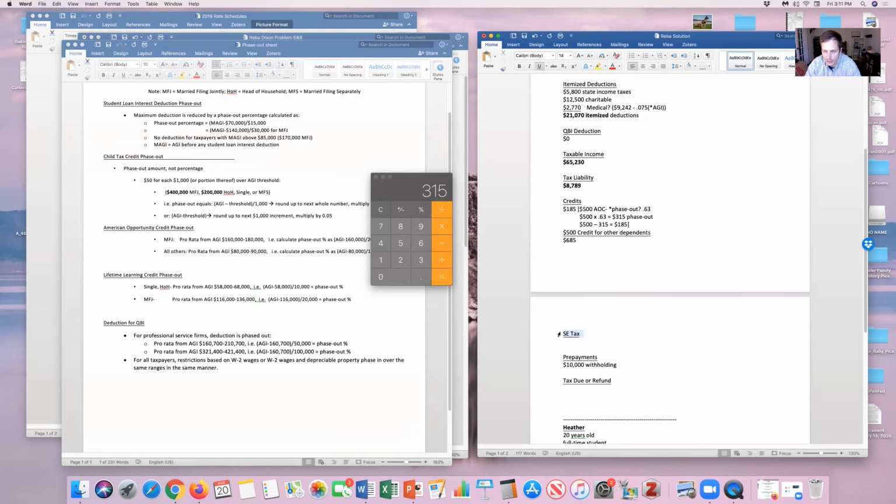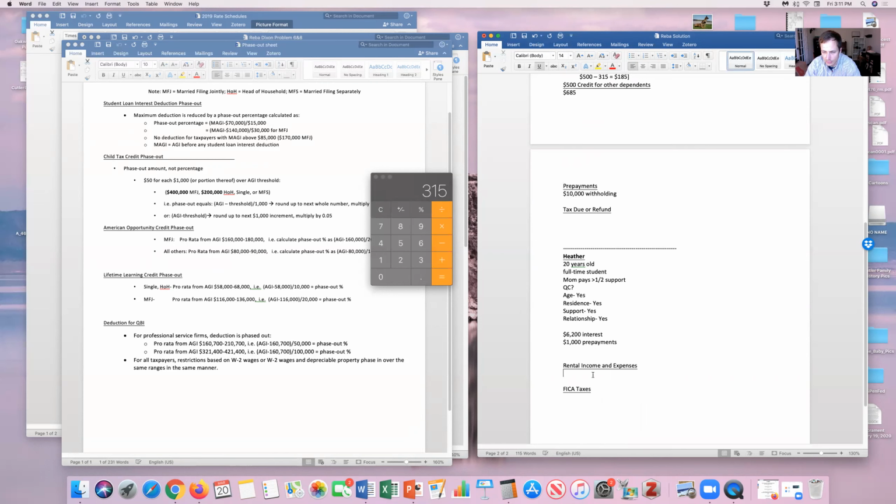All right, so I think we have enough information now. She shouldn't owe any self-employment tax because she doesn't have any self-employment income. Her other income is investment income. So we would want to think about this for a second. Let's go with this rental income, she had on net 50,000 minus 19,500 of expenses equals, can I do this in my head? 31,500 seems right.